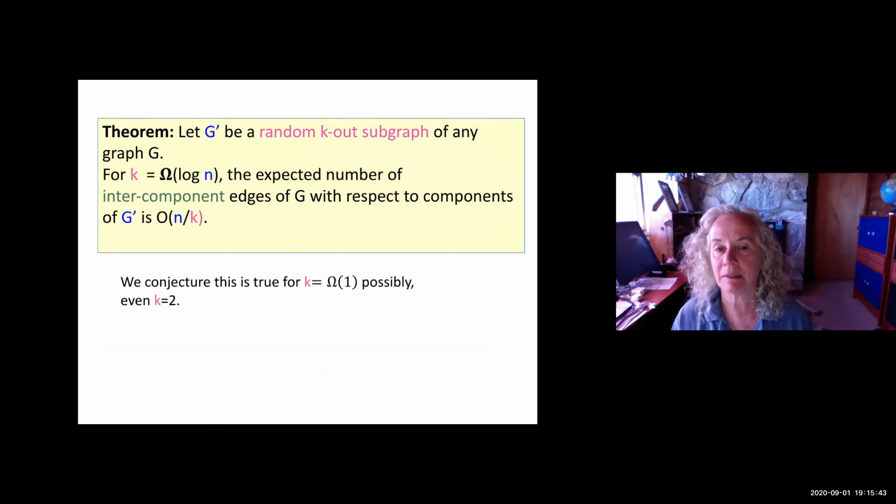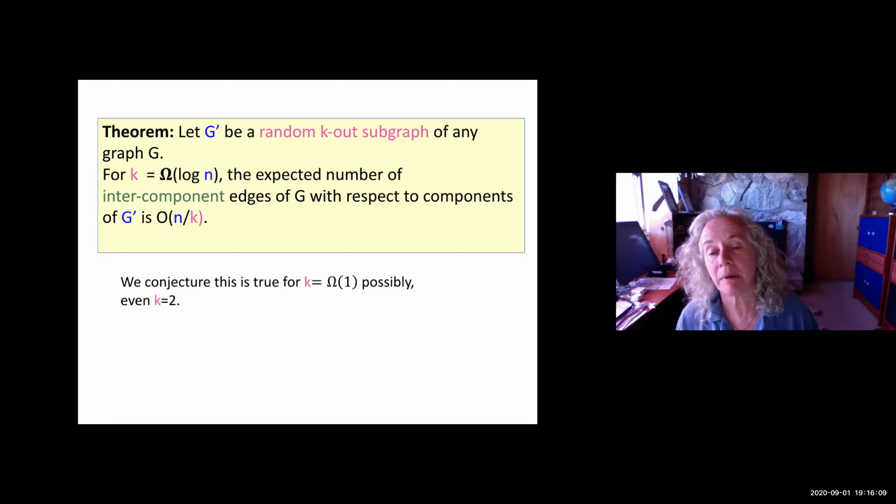So let me explain what I mean by that. If you generate a subgraph this way, where each node picks k neighbors, and we include edges if they've been picked by at least one of its endpoints, then the subgraph G prime contains some components of the original graph.